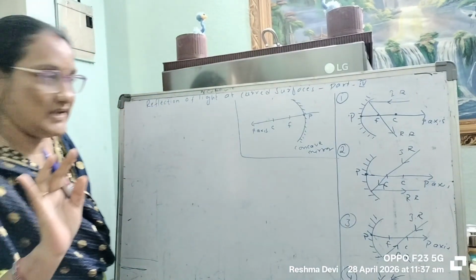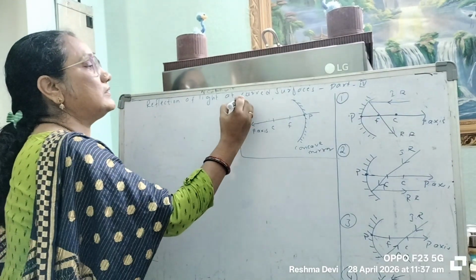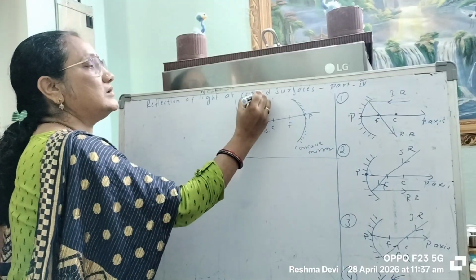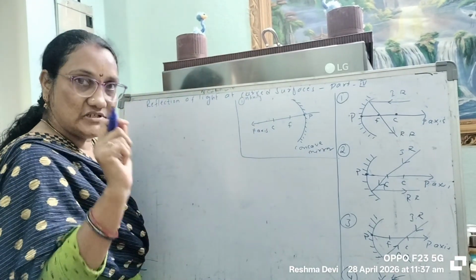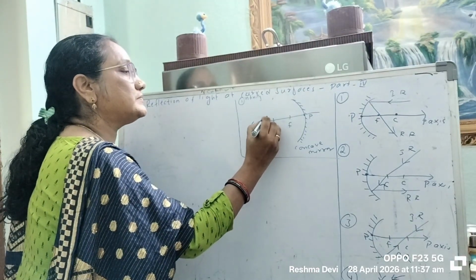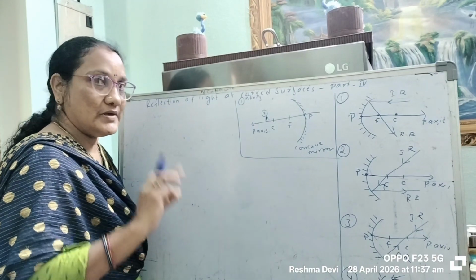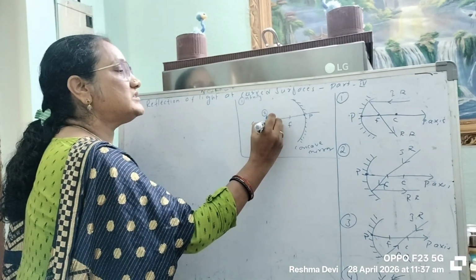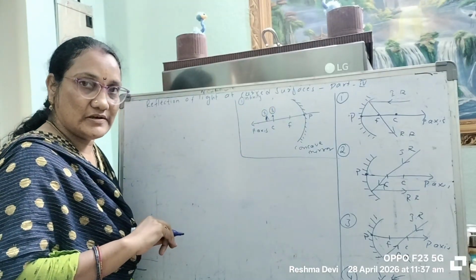Now, position 1, infinity. The object is placed at infinity. Position 2, the object is placed beyond the center of curvature. Position 3, the object is placed at the center of curvature.